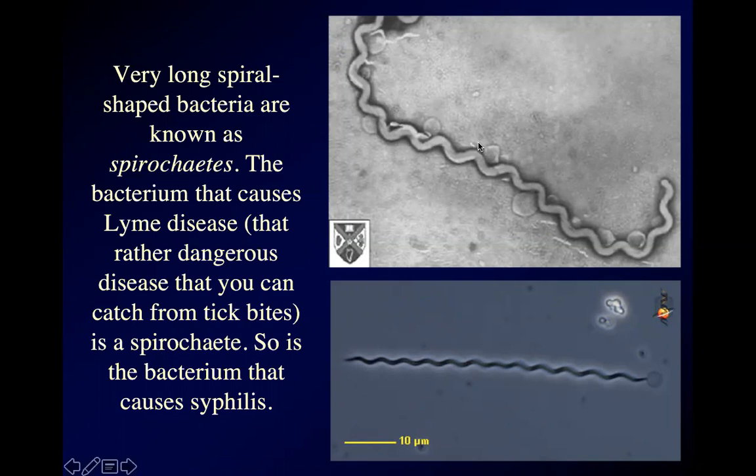So is the bacterium that causes Lyme disease, which is what you can catch from getting bitten by a tick. One of these things you can get around here in the summertime because, as you know, if you've set foot outside in Arkansas for more than 5 minutes in the summer, we've got a lot of ticks. And the bacterium that ticks pass to you that causes Lyme disease, that's a spirochete.